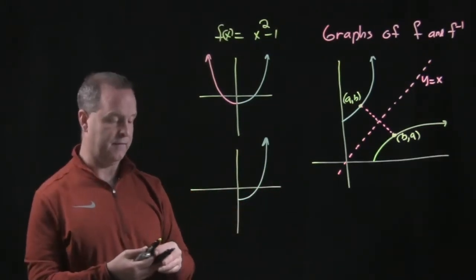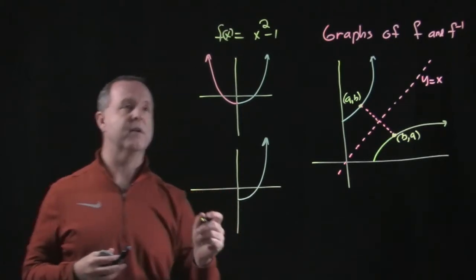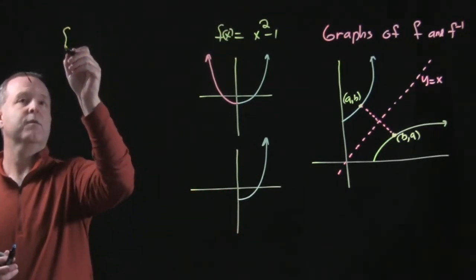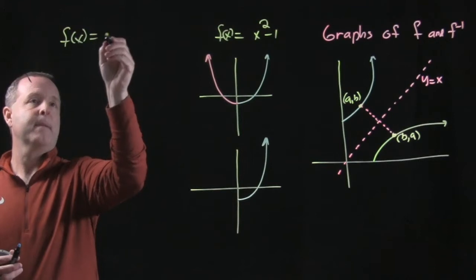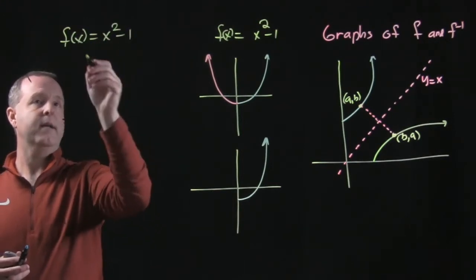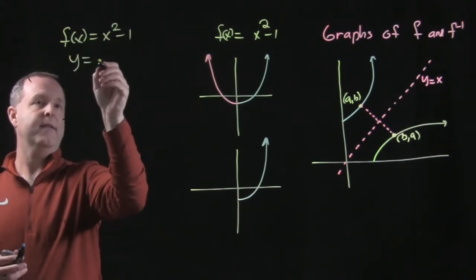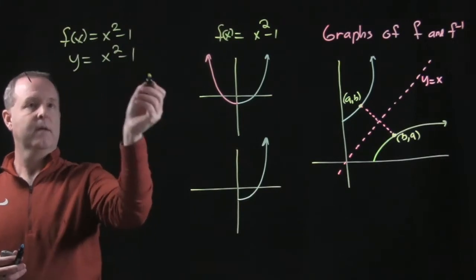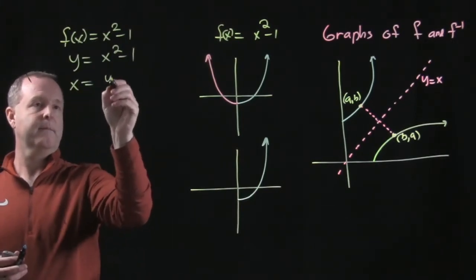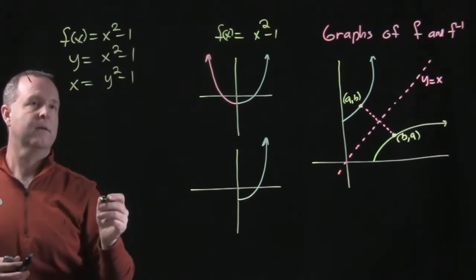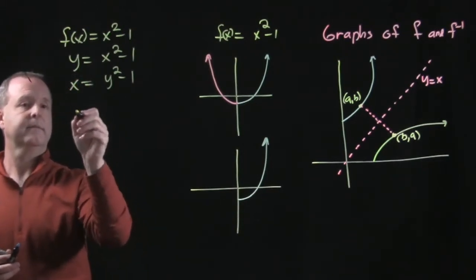Well, let's look at its inverse then and how we find the inverse of functions. First, we started with f of x equals x squared minus 1. Substitute y in there. Flip the variables around. Solve for y.